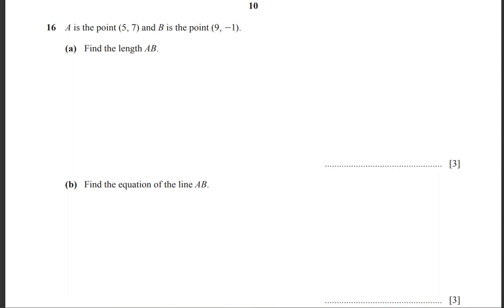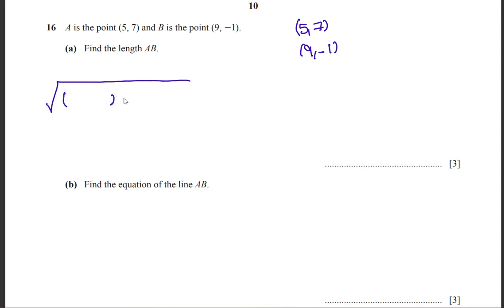Question number 16. He's telling you A is the point 5 and 7, B is the point 9 and negative 1. Find the length of AB. How to find the length of AB? I have here 5 and 7, and I have here 9 and negative 1. This is the rule.